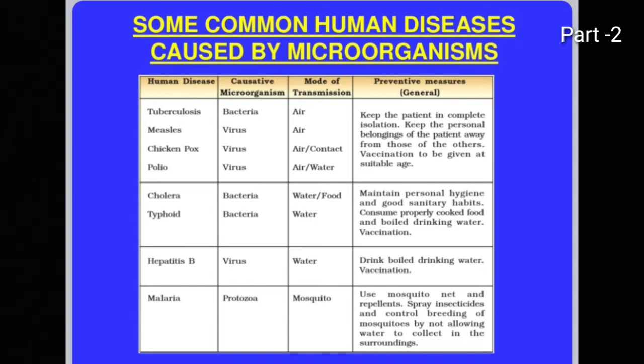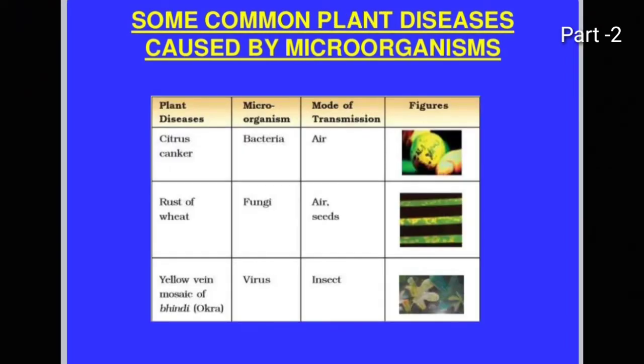They can be controlled by the use of certain chemicals. The farmers can use certain chemicals which will kill the growth of these microbes, and they will not act on the plants. So now some of the plant diseases which are caused by these microorganisms.